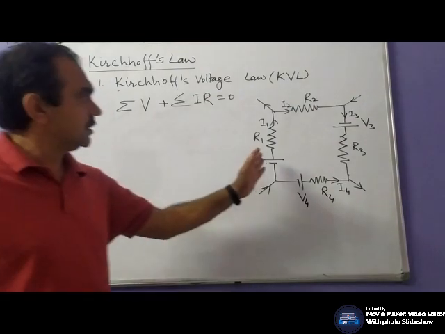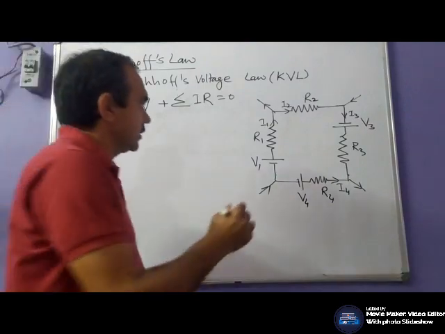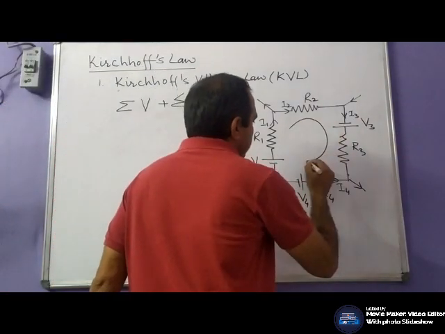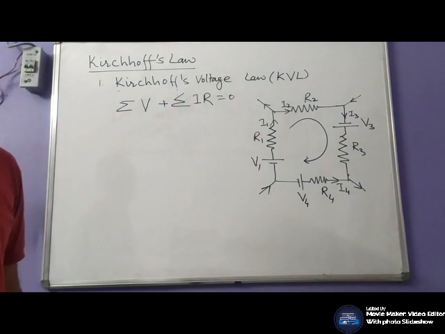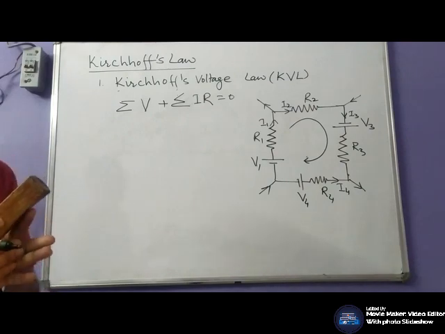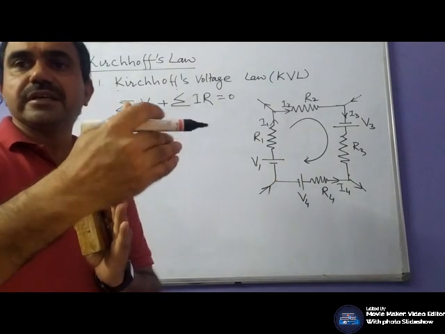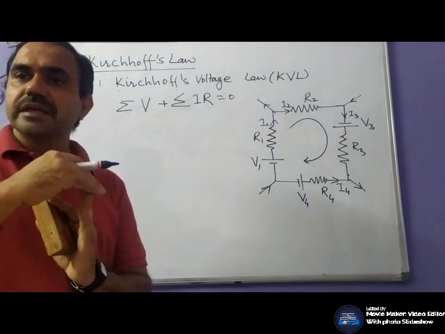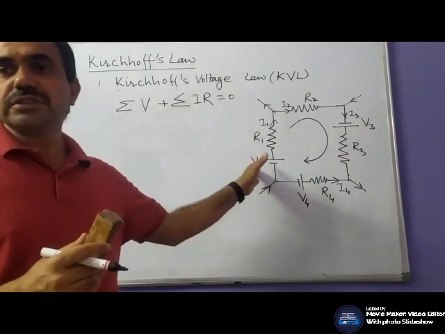How we will get the algebraic sum? This is the movement in the loop. We have to take a certain point of reference. For example, if we are moving from lower potential to higher potential, we can consider the quantity positive.